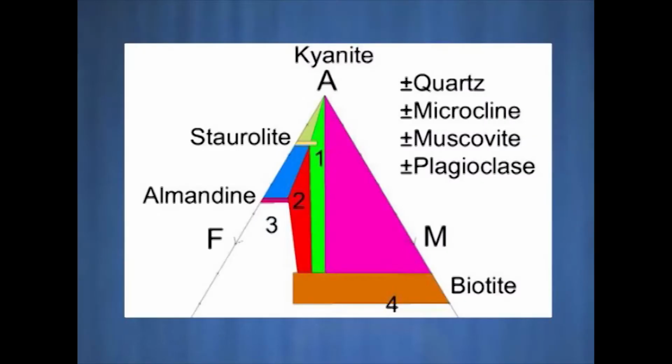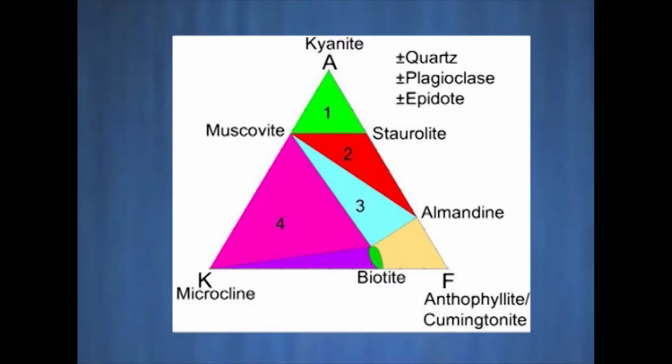Now, fourth assemblage is kyanite, staurolite, biotite, muscovite, microcline, plagioclase plus or minus quartz, also known as kyanite staurolite biotite schist. Fifth assemblage is kyanite, biotite, muscovite, microcline, plagioclase, quartz, also known as kyanite biotite schist.